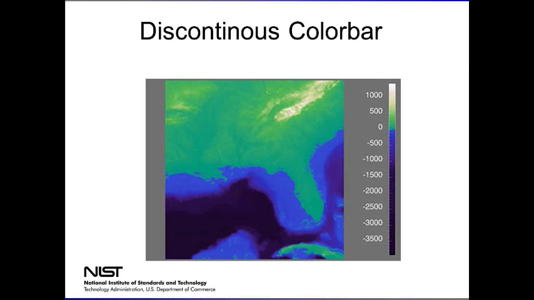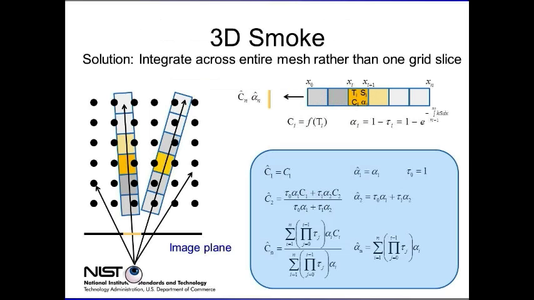So this picture was why I wanted to give you all the chance to use your own color bars, because oftentimes maybe 100 degrees C is an important value or some other value, and if you can choose a discontinuous color bar, it's often better to use that.